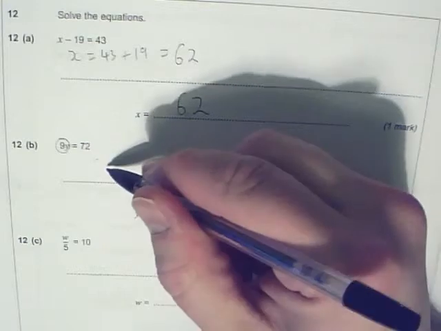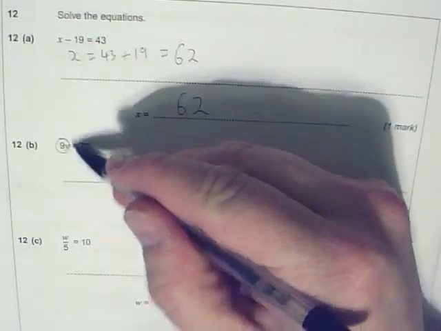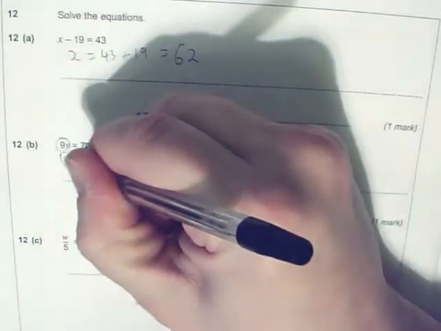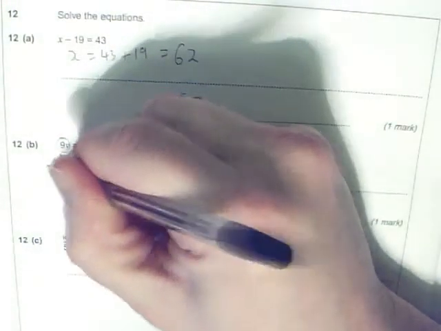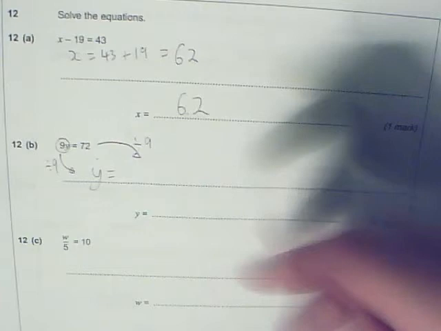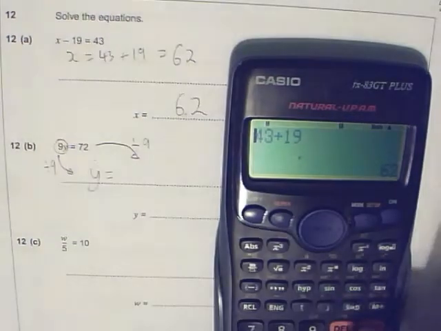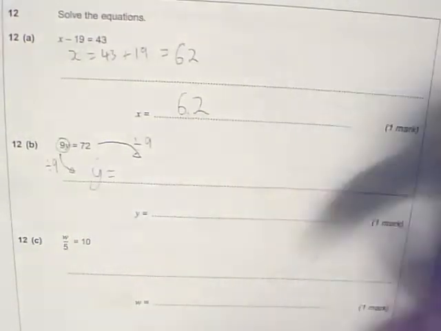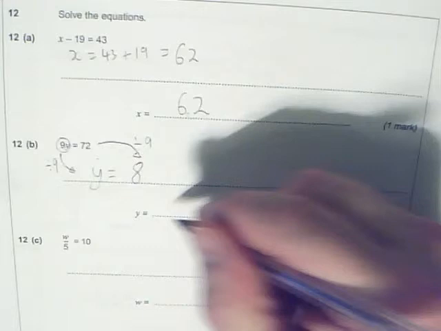So I'm going to divide this by 9 to get me just y on this side. Okay, so I divided by 9 to get to there. So I need to divide this side by 9 as well. And that's going to give me 72 divided by 9. You should know that from your times tables, but this is a calculator paper, so you can double check. And y equals 8.